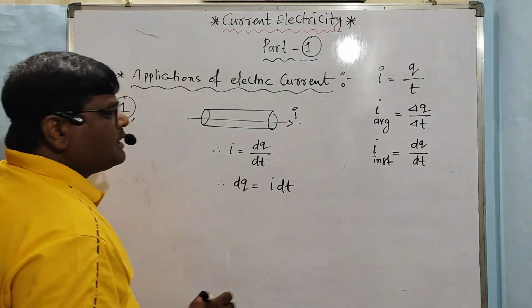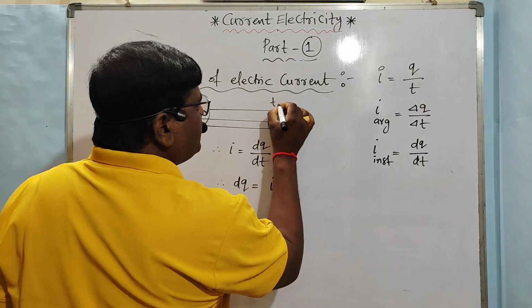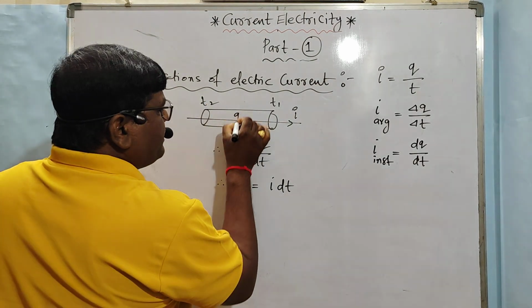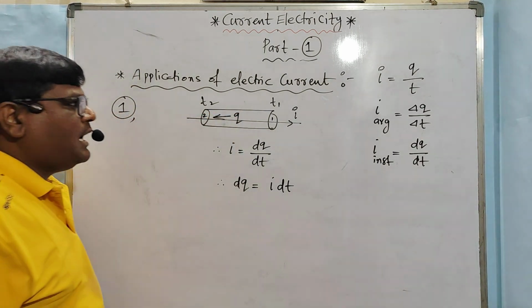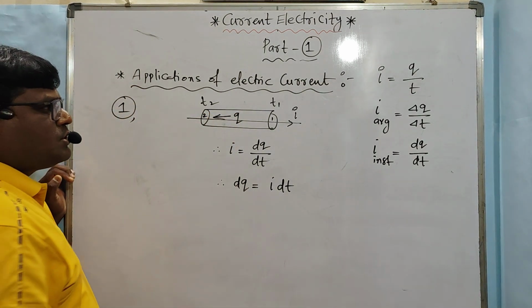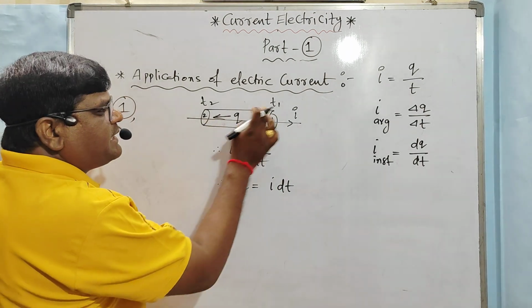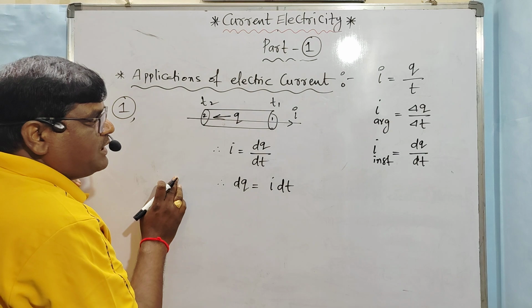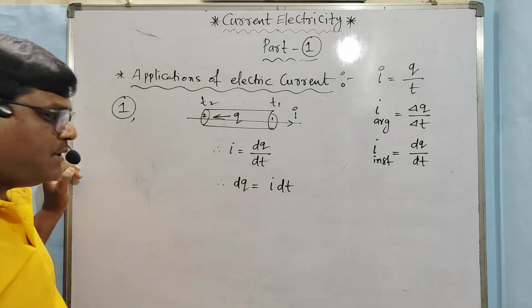This is from t1 seconds to t2 seconds, charge flowing from one end to the other. If the current I is flowing in a time interval of t1 to t2 seconds, how much charge is flowing? That is what we are going to find.